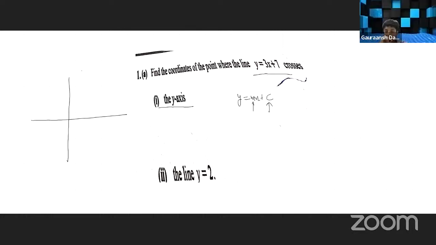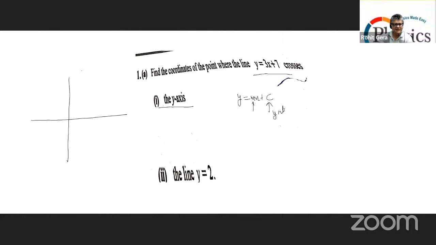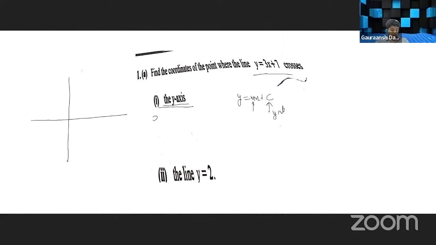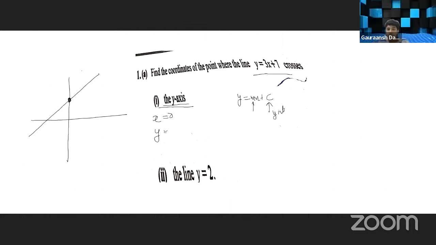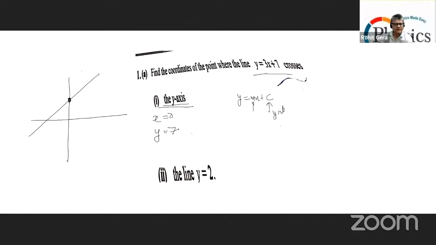Yes. Good. So wherever it crosses the y axis, x should be 0. So you put x equal to 0 and therefore y is equal to 7. So the answer is the coordinate of the point where it intersects is (0,7).